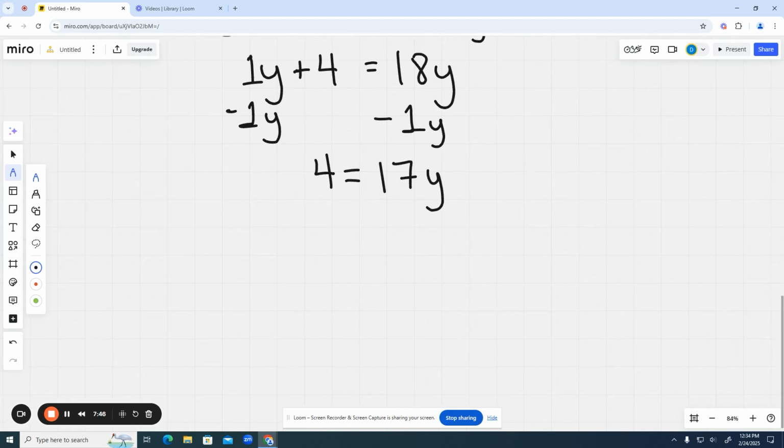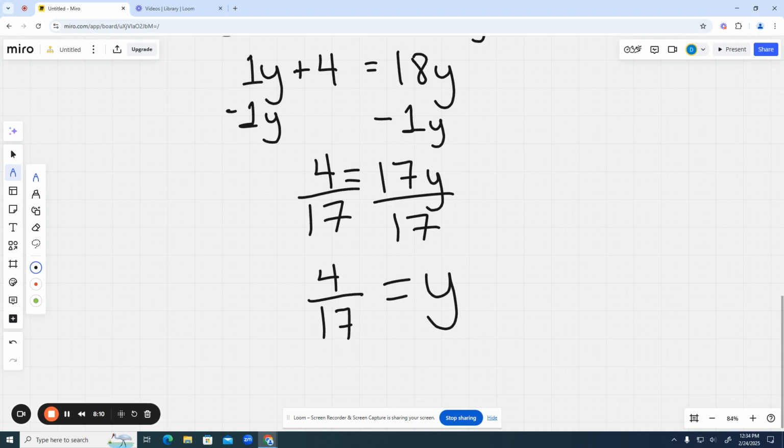All right, we're very close to getting our variable by itself. To get y by itself, we're going to divide by 17 because it's being multiplied by that 17 right now. And for our final answer, we get 4 over 17 equals y.